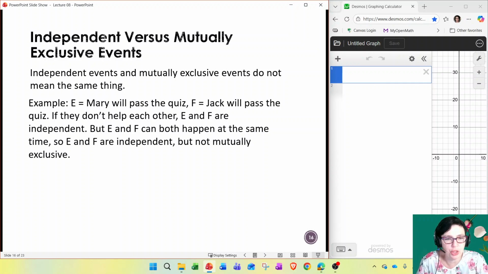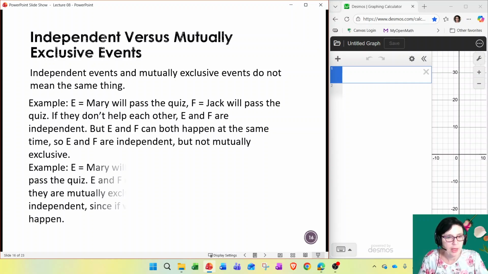The chance that Mary will pass the quiz is not going to increase just because Jack passes it. So they're independent, but are they mutually exclusive? Well, no. Is it possible for both of them to pass the quiz at the same time? Well, yes. So these are not mutually exclusive, because mutually exclusive events cannot happen at the same time.